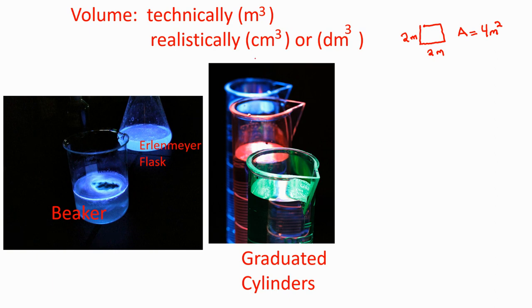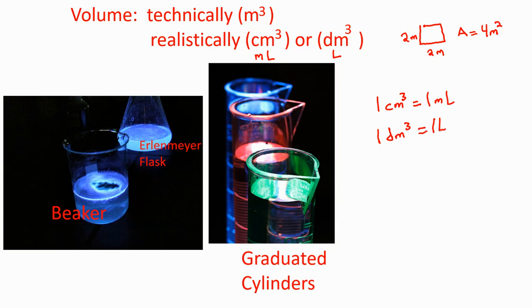The centimeter cubed is the same thing as a milliliter, and the decimeter cubed is the same thing as a liter. That's really important to remember. So I'm going to emphasize that again. 1 centimeter cubed is equal to 1 milliliter, and 1 decimeter cubed is equal to 1 liter.